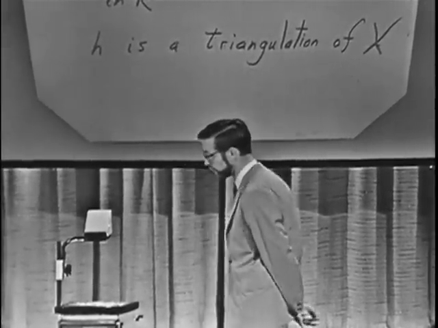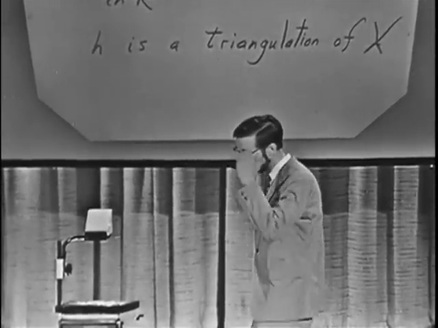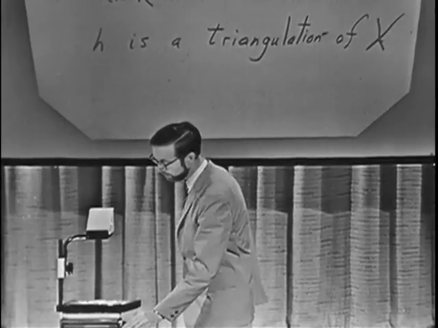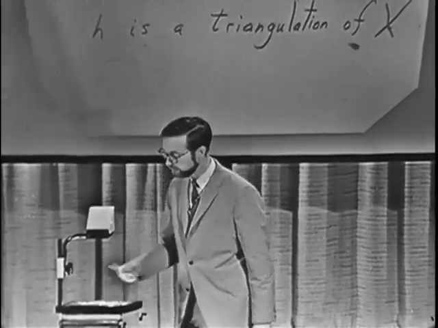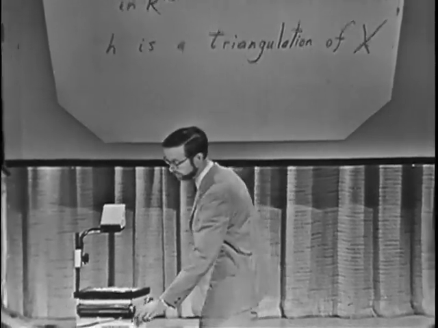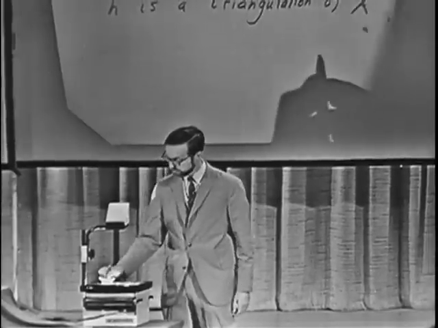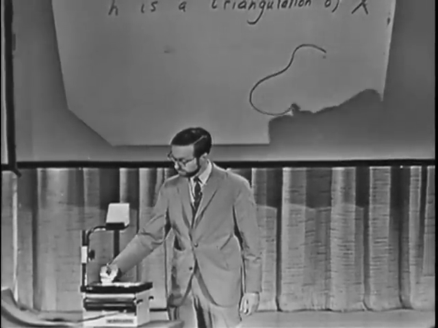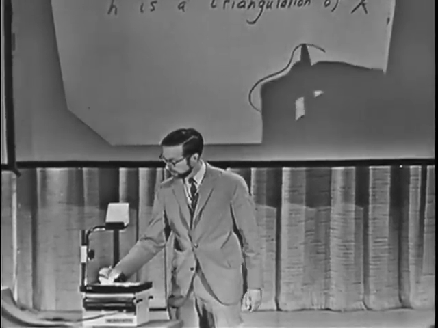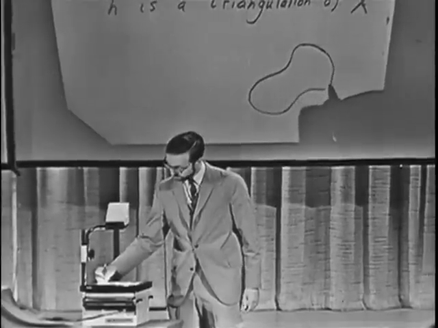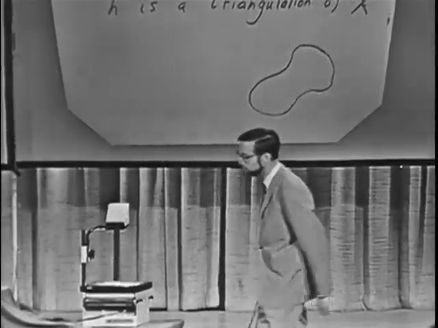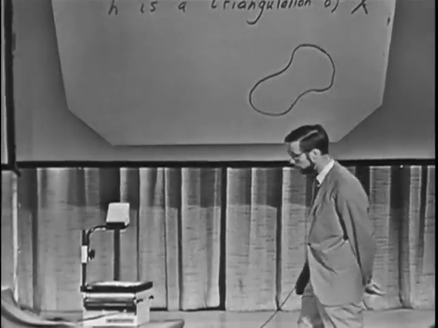We can ask the triangulation to have special properties. The property I want will only make sense if X is itself a smooth manifold, or at least that's the only case I want to consider. So now suppose we have this situation. Suppose that we have here a smooth manifold, and to make the picture possible, I'll take it to be diffeomorphic to the circle.